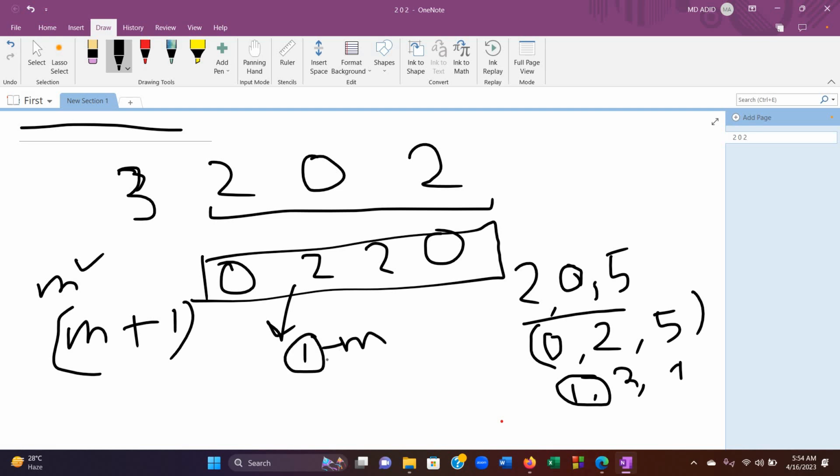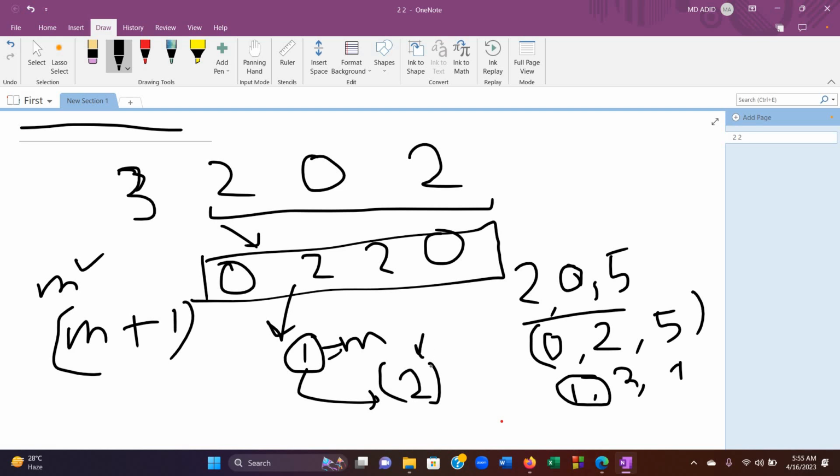Now, we need to transform this array and apply that operation. What is the best possible way that we can apply the operation such that the MEX gives us m plus 1 in here? In this case, m plus 1, meaning 2, is the only way.